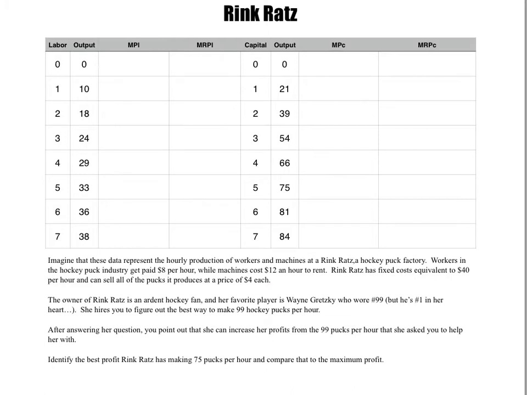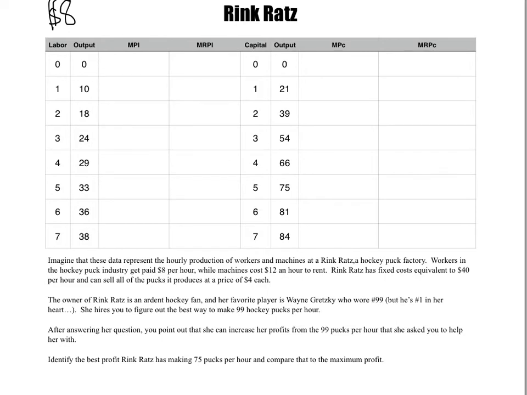So that one paragraph contains a lot of information that will be very useful to us as we begin our analysis. So the first thing that I want to do is take note of the price of labor here, that the hockey workers get paid $8 per hour. And it seems that all the workers are getting paid that. So we can put at the top just a notation that above labor, we're going to put $8.